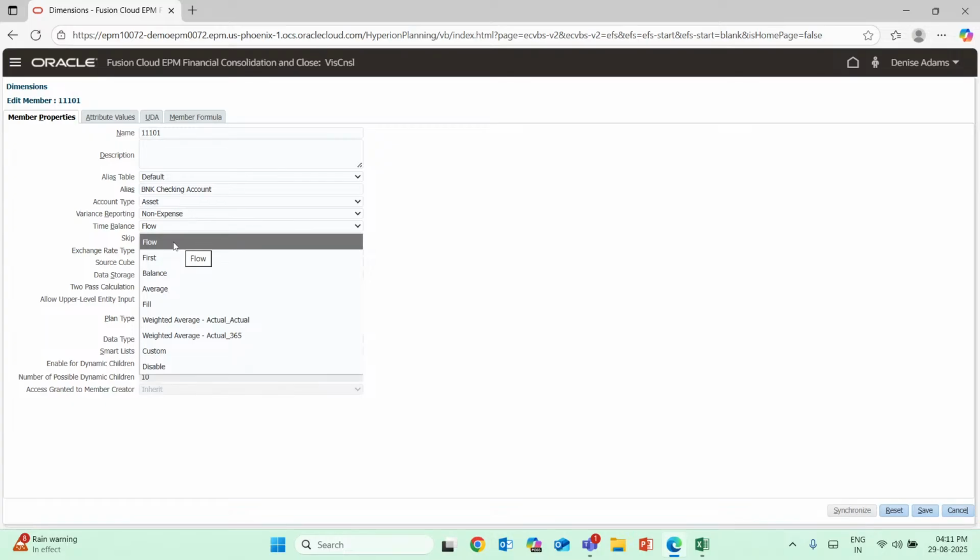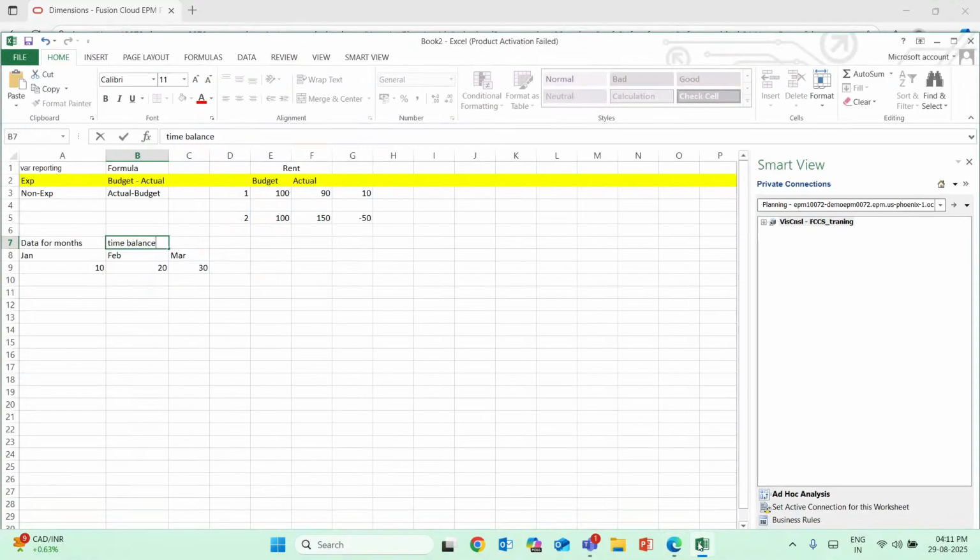The values are summed across the time, that is flow. If I have to see quarter one, it means January, February, March. Q1 represents quarter one, the sum of 3 months, January, February, March, so it will take flow as the data will be summed across.